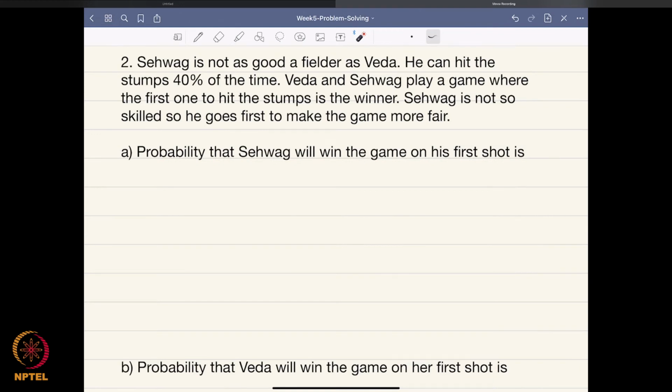Let's think a little bit. What's it going to be? That means he goes first. He throws the ball. The chance of hitting. So here again you do the same thing. Here let's say P is the probability that Sehwag hits the stump in one throw.